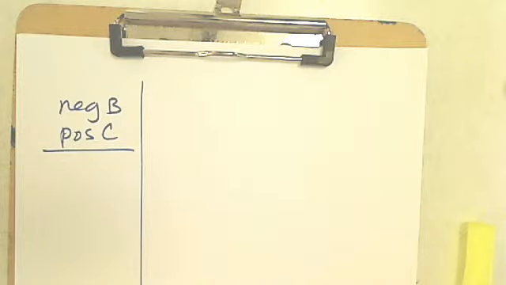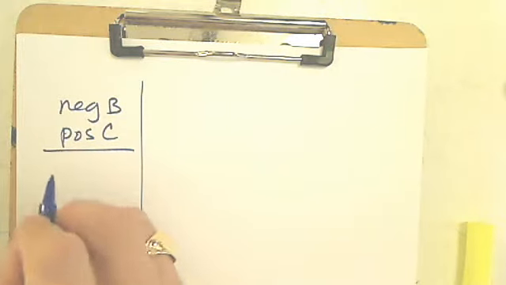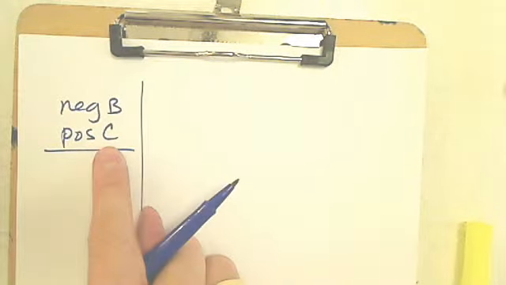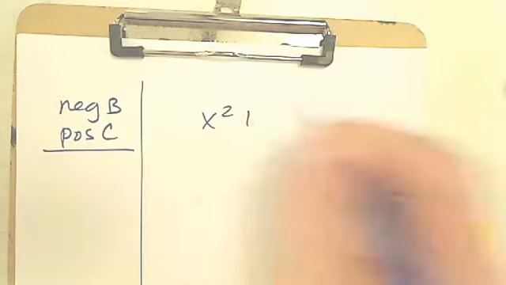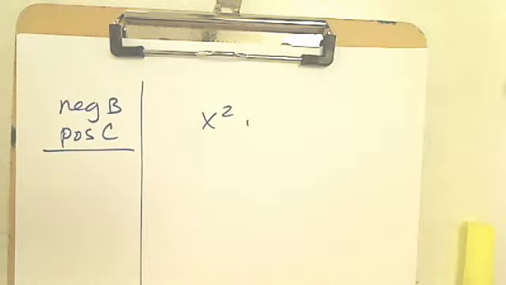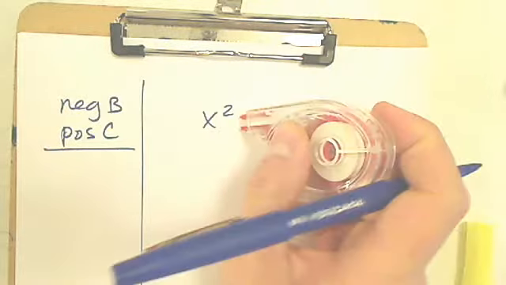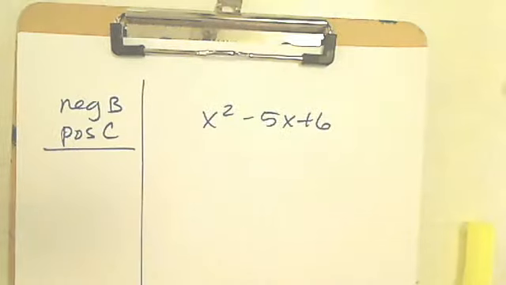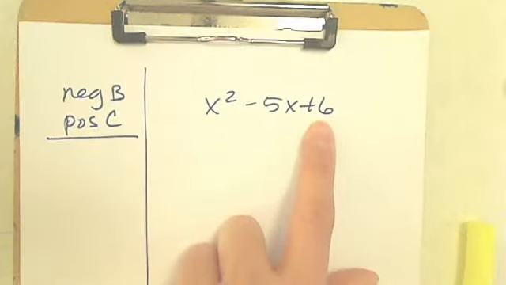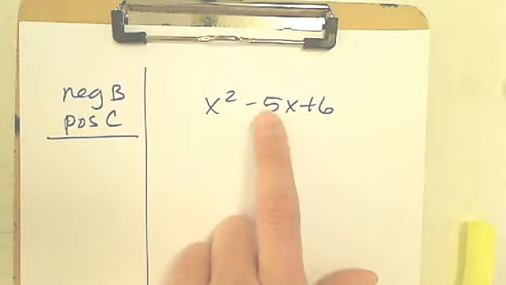A positive and a negative. Well, think about it. So, for example, if we have x squared minus 5x plus 6, right? But I have a positive 6 c here though. But I have to have a negative b.